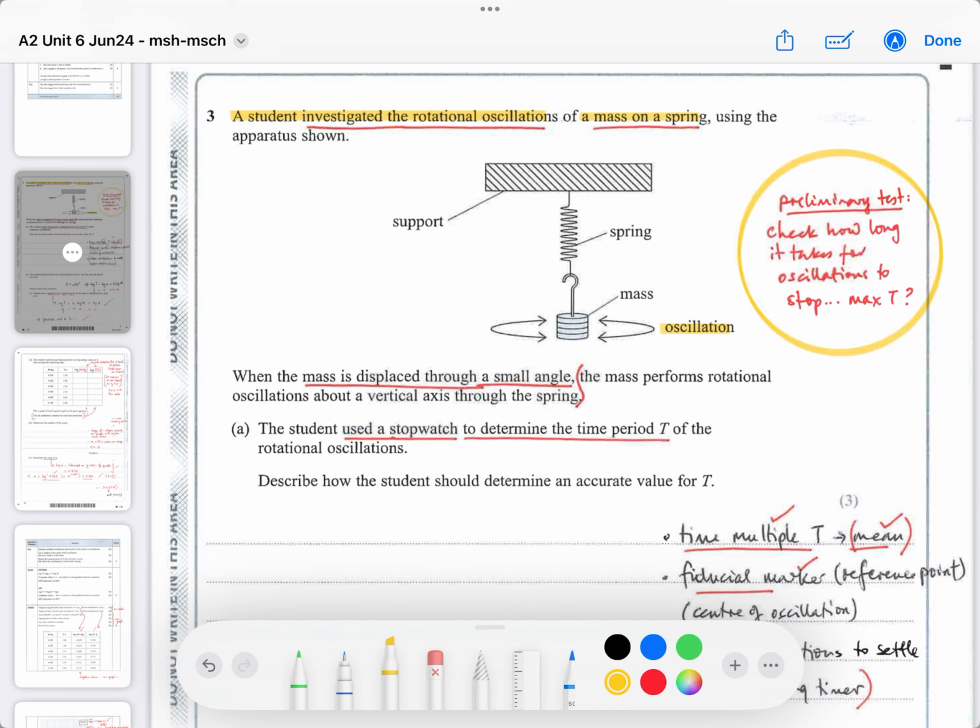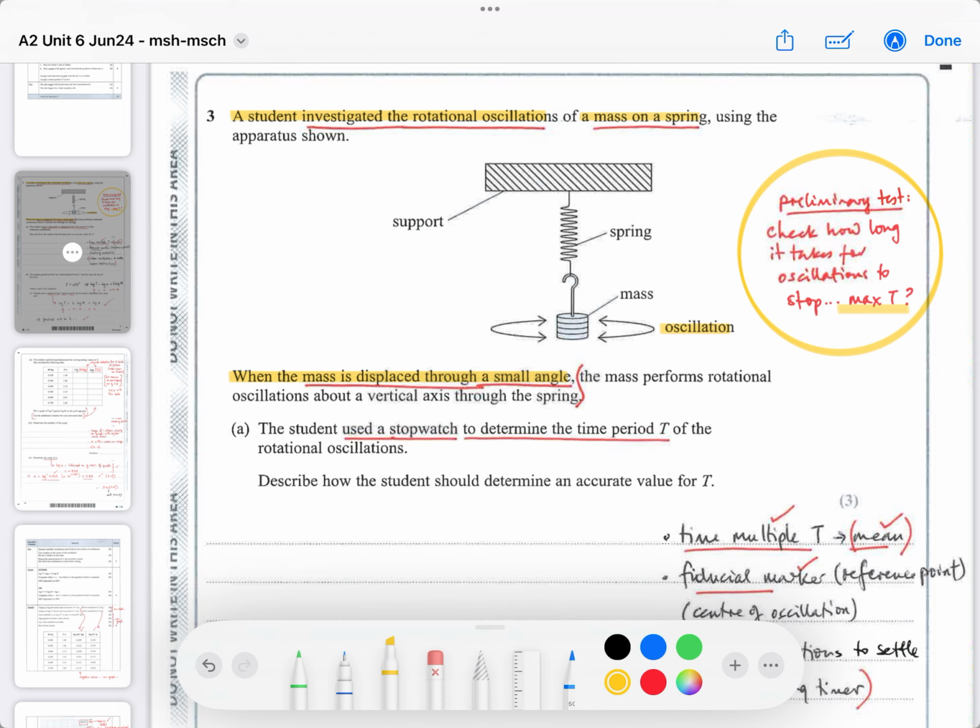How many periods can you count when you're oscillating it? It's always a good way to check how long it keeps twisting and turning for. When the mass is displaced through a small angle, and you need a small angle to reduce uncertainties and make sure the maths works properly.